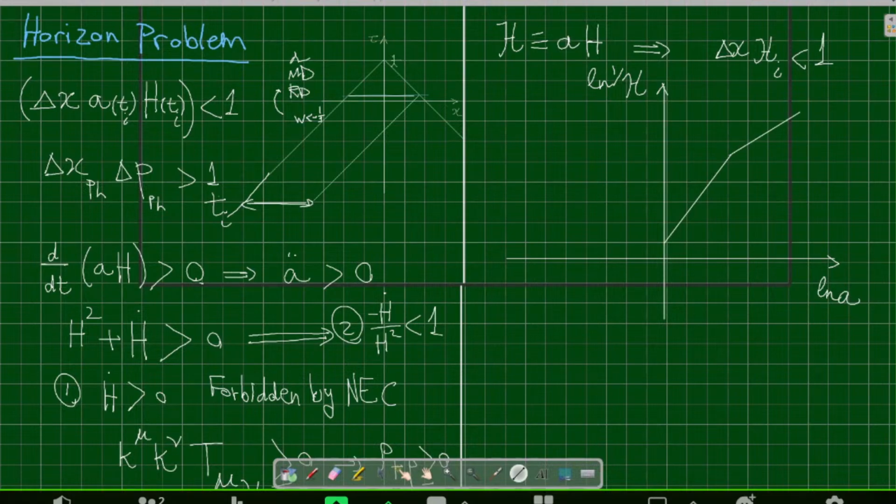Then there is matter domination in which it grows as the square root of a. So here would be slope 1/2, and then during lambda dominance, it will decrease with slope -1. So this is radiation dominance, matter dominance, and lambda.